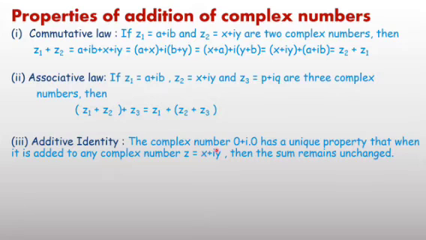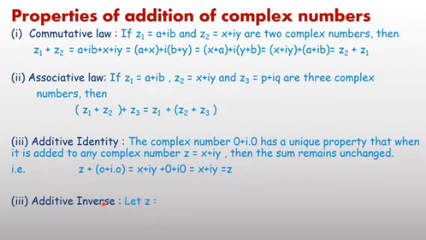Same pattern in complex numbers. 0 plus i0 is a complex number. If we add this 0 plus i0 to any complex number, the value of the complex number remains the same. Z plus (0 plus i0), simplify and you will get Z. Therefore, 0 plus i into 0 is known as the additive identity for complex numbers.